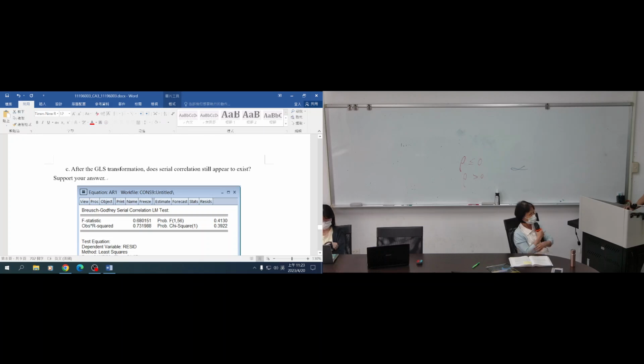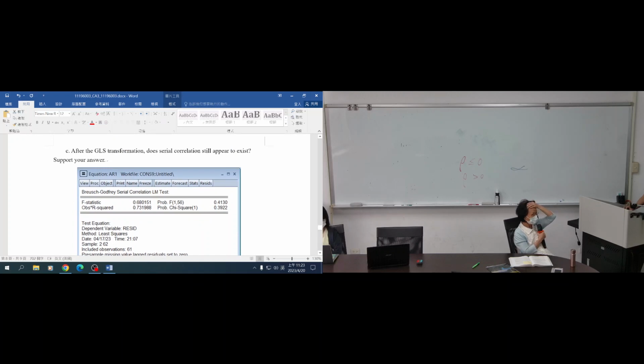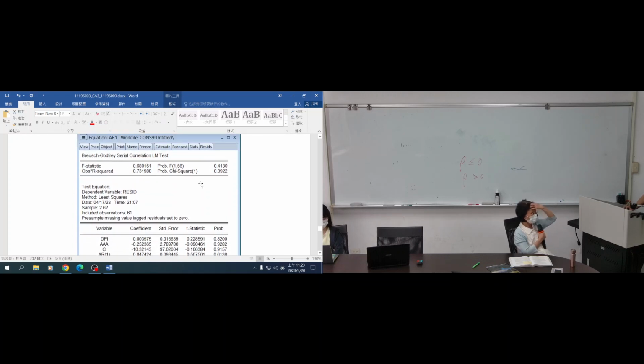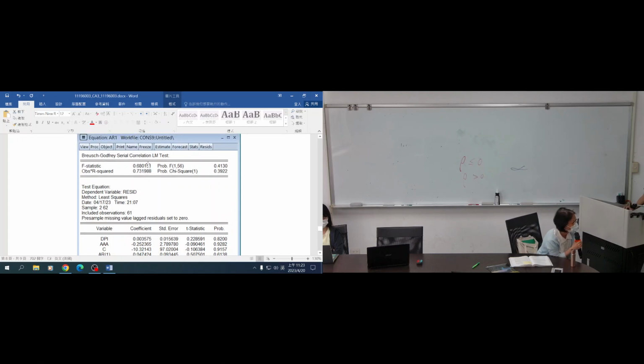And the third one, after GLS transformation, does serial correlation still appear to exist? As we can see from the LM test with the ARMA variable, the chi-square here is not smaller than 5% anymore.